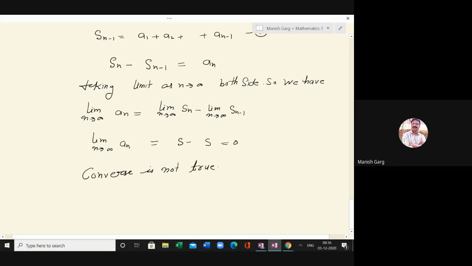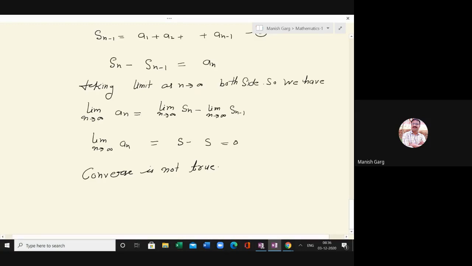It means it is not sufficient. It may be that the limit as n tends to infinity of an is equal to 0, but the series may or may not converge. Second, if you are able to prove that the limit as n tends to infinity of an is not equal to 0, then you can say the series diverges.